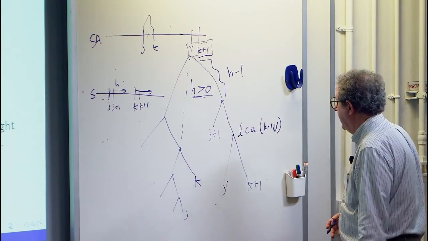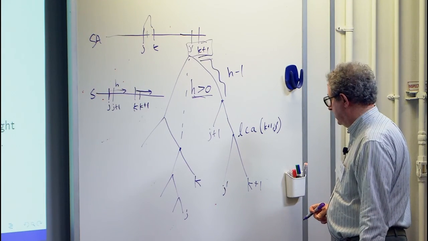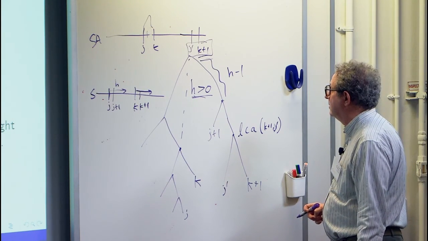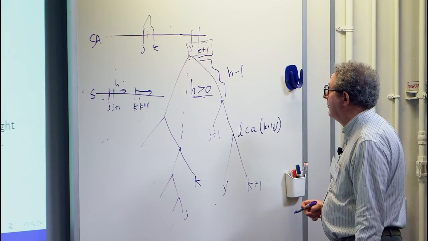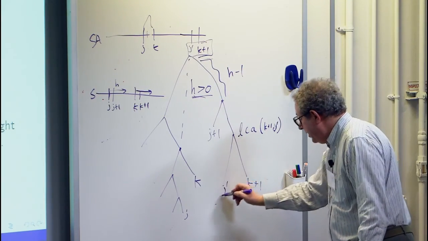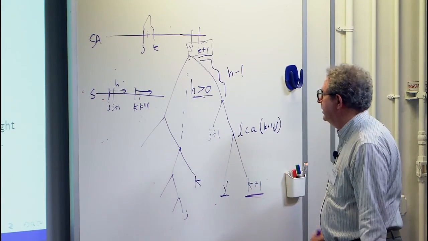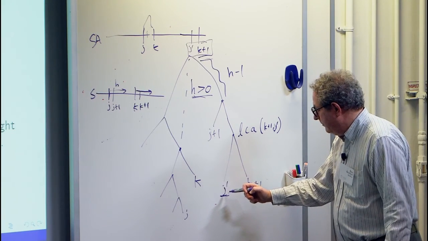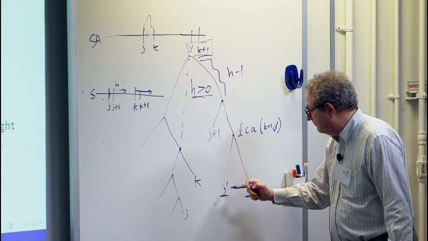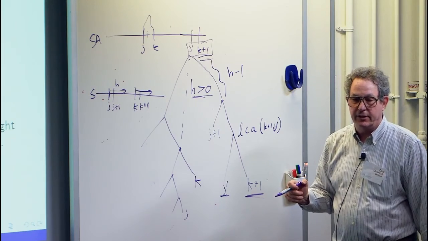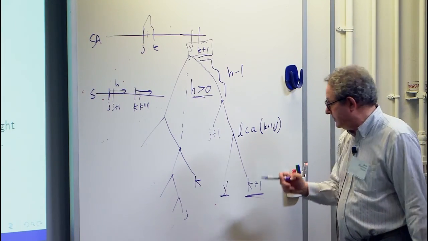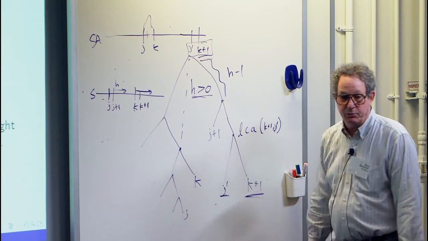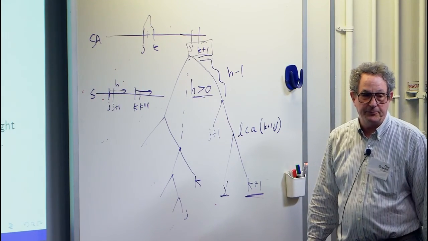Now, so what? J prime is the leaf you visit in your lexicographic depth first traversal just before you visit k plus 1, okay?